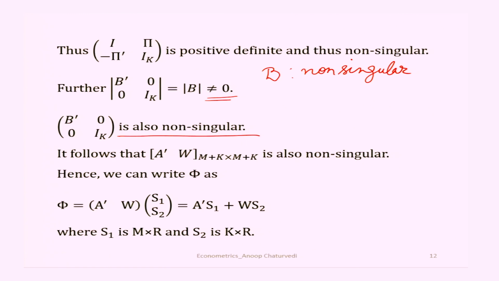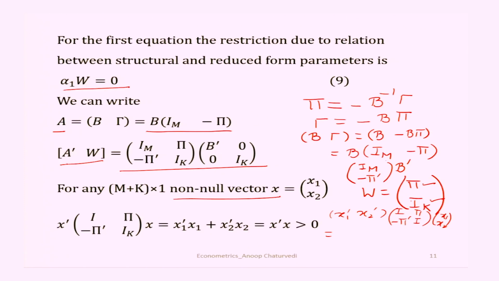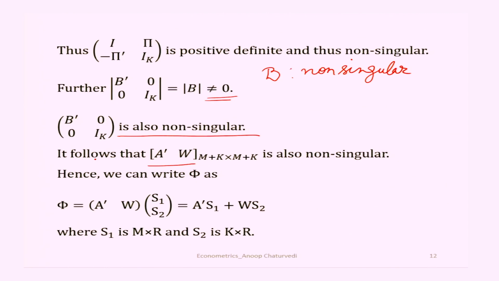Now, if you consider this matrix A transpose W, which is of order m plus k cross m plus k, then this matrix can be written as a product of two non-singular matrices. This matrix is non-singular, this matrix is non-singular. So, this shows that the matrix A transpose W is also non-singular.